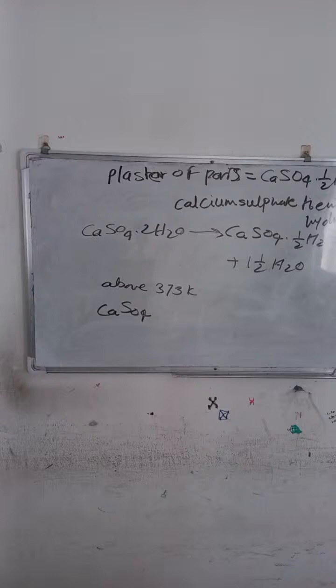The gas X reacts with the dry slaked lime to give a compound Y, which is used as a bleaching agent in the textile industry. Identify X and Y. I will repeat this question.